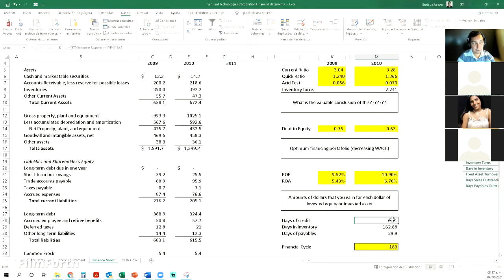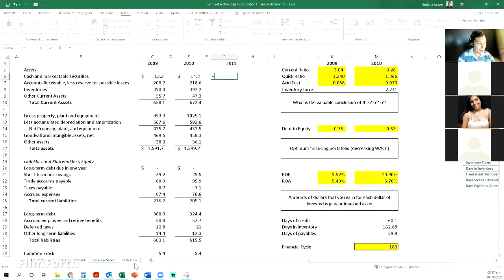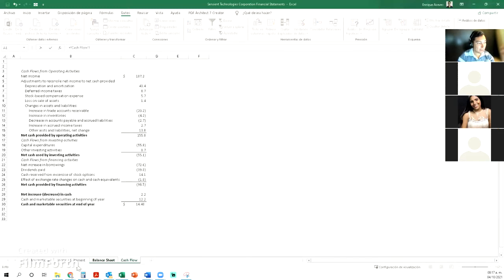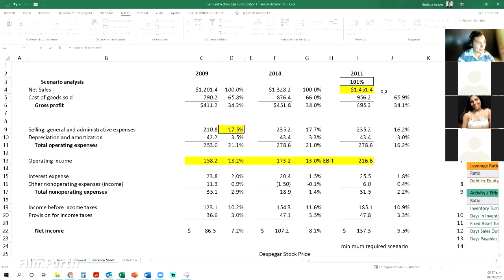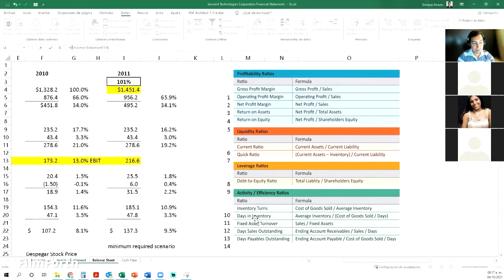Remember that we have a formula in here which tells you the days of credit. So if we know that the level of sales of the income statement is gonna be this amount, and this is for the level of, you can have it with the days in inventory and, sorry, you have accounts receivable turnover.